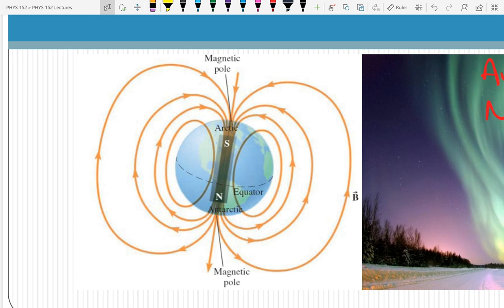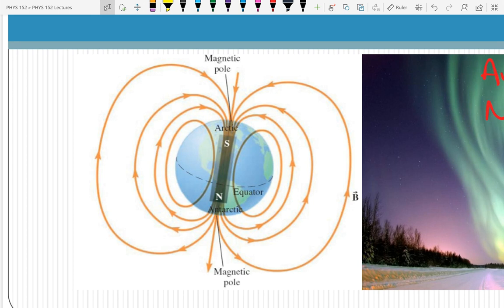It's south. So basically, we as humanity didn't understand really what was going on with magnets when they decided to call it north and south. And by their definitions, you end up with the Earth's north pole as a south magnetic pole, and the Earth's south pole is a north magnetic pole.